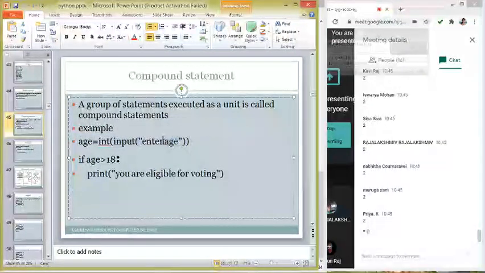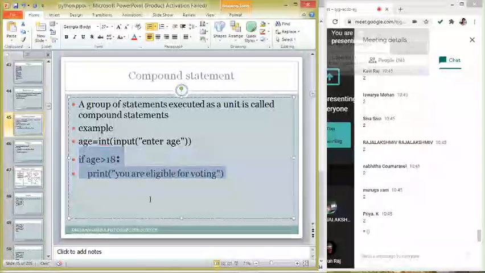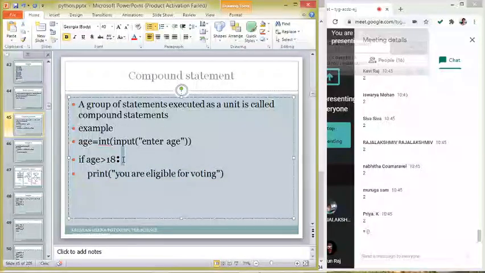In the compound statement, you check if age is greater than or equal to 18, then print eligible for voting. These two lines belong to the compound statement. Wherever this symbol called a colon comes, you can tell it is a compound statement.